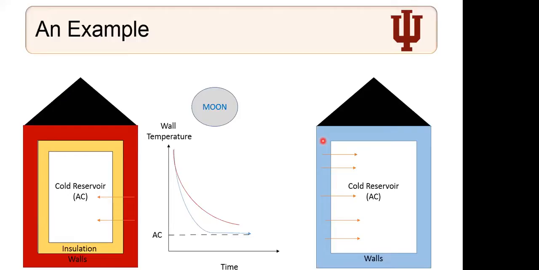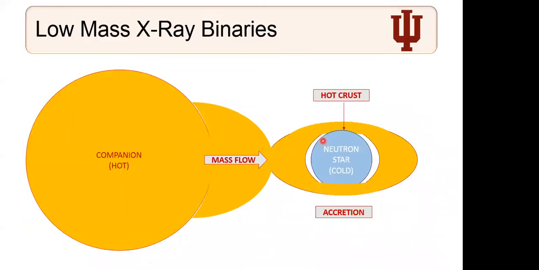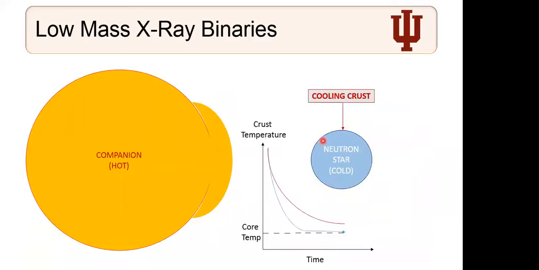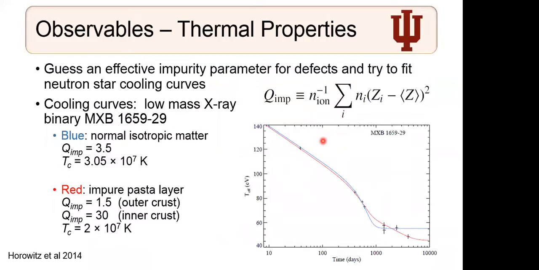Okay, what does this have to do with the neutron stars? Again, imagine these low mass X-ray binaries when the accretion cuts off. You can wonder if there is an insulating layer underneath the outer crust, and you can see this in the late time cooling of these X-ray binaries. This is from a paper, Horowitz 2014, where we revisit MXB 1659.